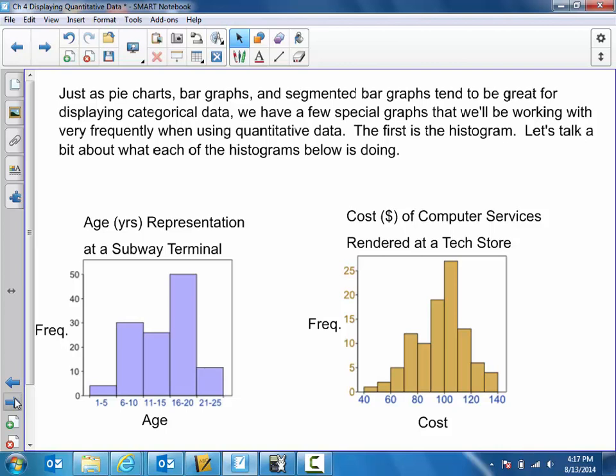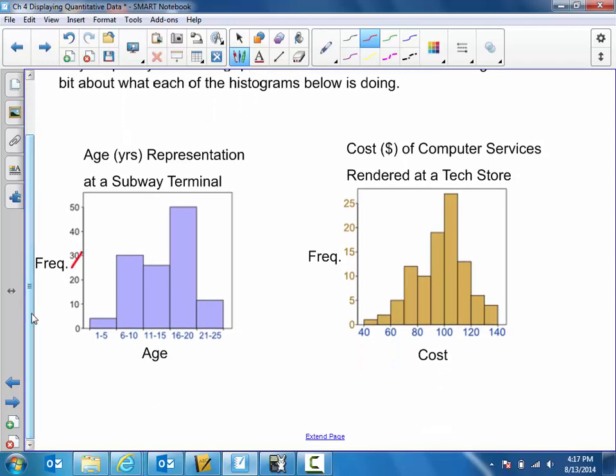Just like with the bar graphs, you've got the frequency, also known as counts, on the vertical axis. So how often do you see data falling into that bin? That's what the vertical axis is answering for you.